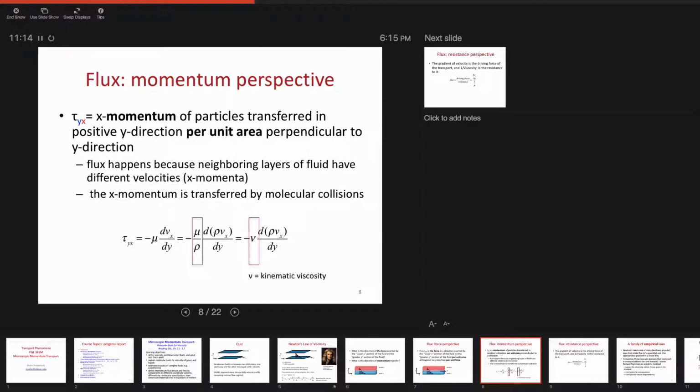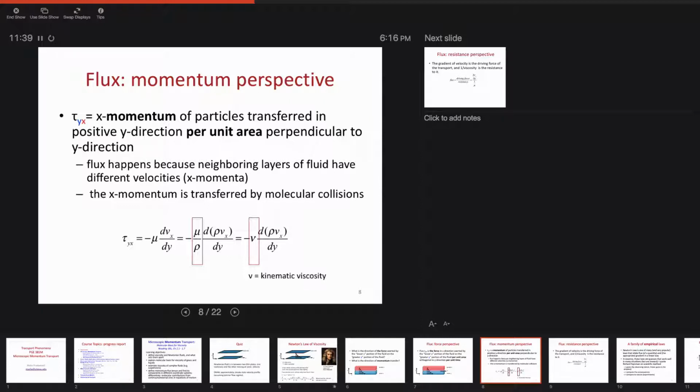Whereas the momentum perspective is useful for seeing how things happen on the molecular scale. So it's the molecules on the bottom that simply have more momentum, which is m times velocity, those that are closer to the plate that is moving. And in the momentum transfer, as they're moving around, that will get transported to the area where there's less of it, which is the top.